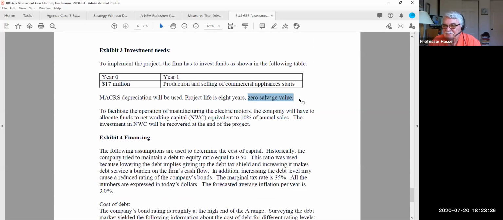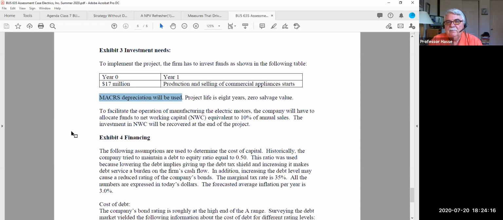So you don't have to worry about salvage value in year 8. But I balance out that easiness by telling you that the depreciation used is the Modified Accelerated Cost Recovery System. That's what you have to find out. What does that mean, and how do I calculate that for this problem? That is in your textbook. Also, you can just go to Investopedia.